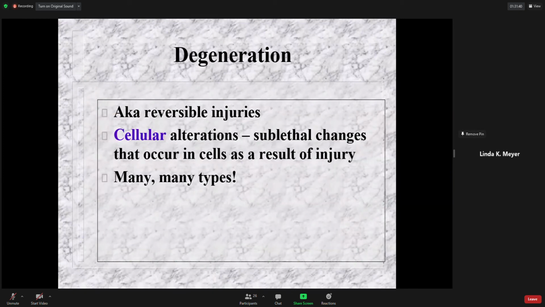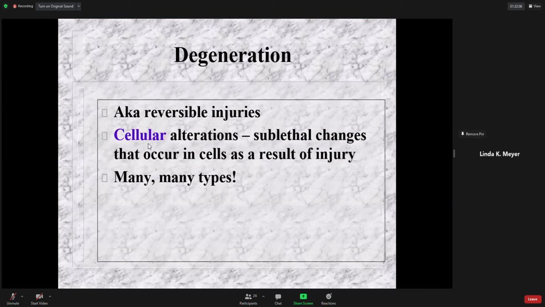Degenerations. Okay, last week I mentioned different degenerative diseases that can affect many different organs, such as our brains, our bones, and so forth. In this case, the application of the term degeneration refers to cellular alterations.